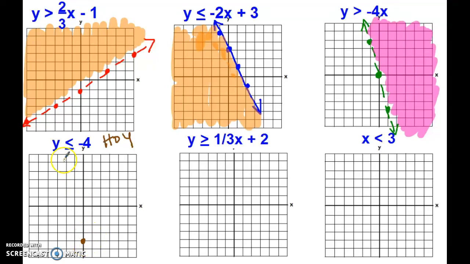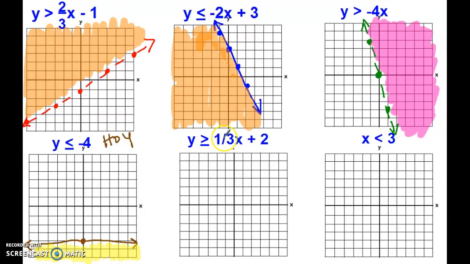The line is equal to, so we know it's a solid line. Y is less than or equal to -4. Where is y less than? Not up here, it would be down here. Read your inequalities correctly.